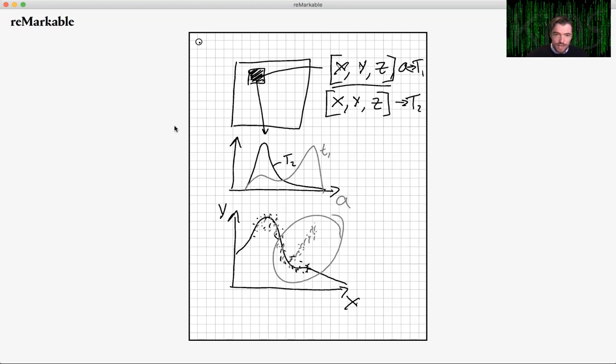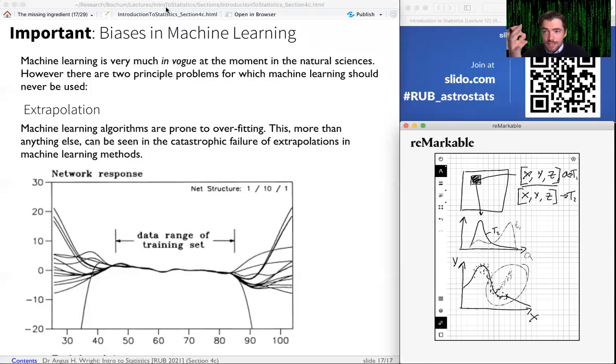Basically, whenever you have a difference between the selection that was used for one data set and another, in a machine learning method particularly, this problem rears its head. And the problem is that that difference is almost by definition present in every machine learning analysis.